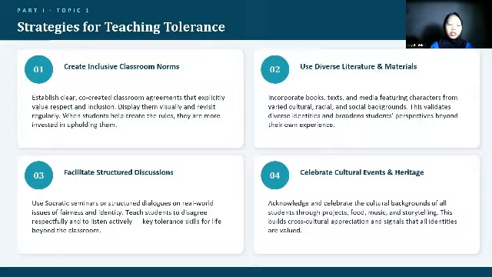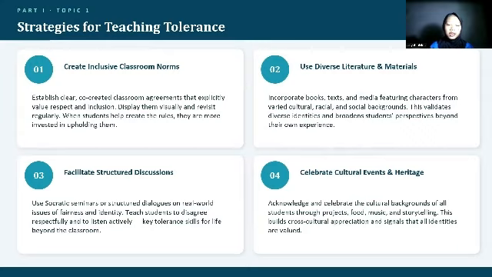Facilitate structured discussion. Use structured seminars or structured dialogues on real-world issues of fairness and identity. Teach students to disagree respectfully and to listen actively.